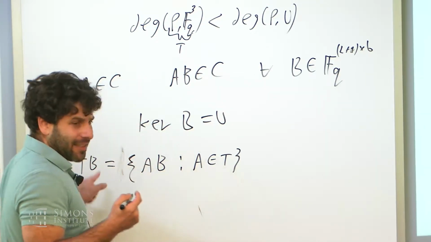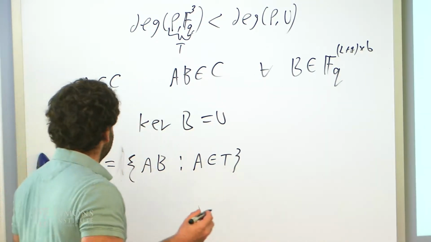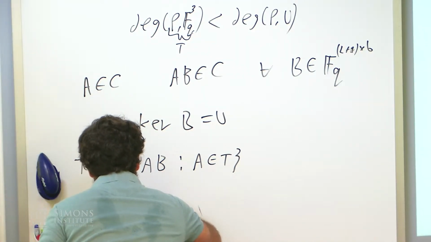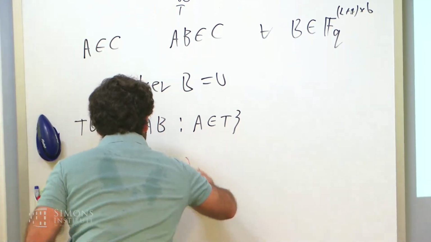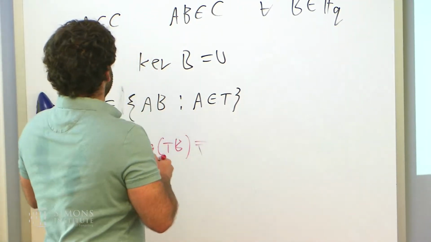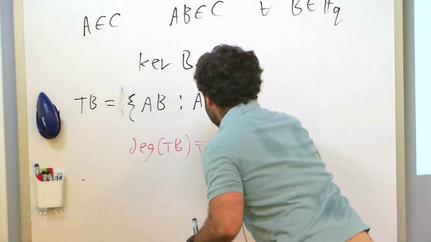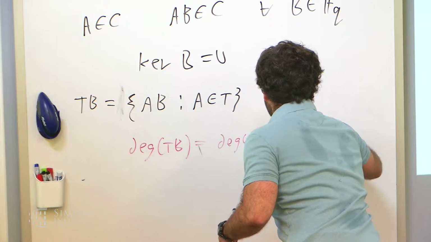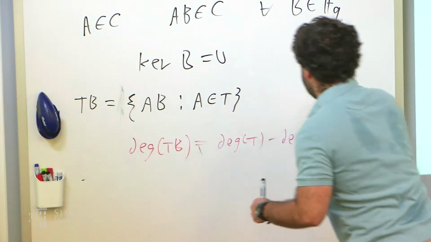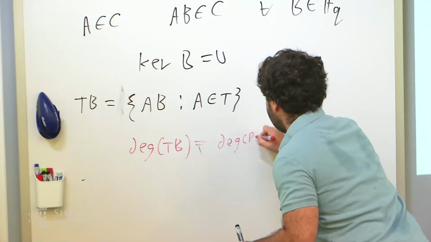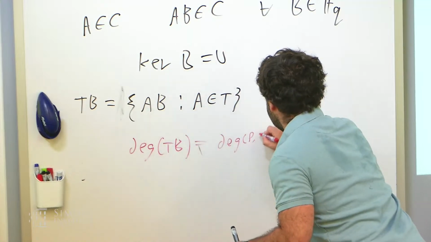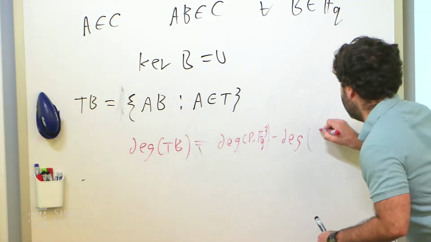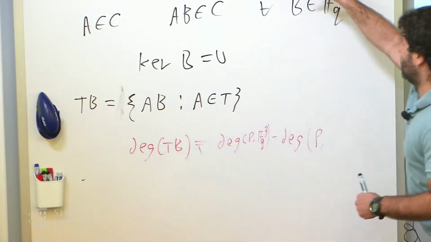And then we're going to have that the degree of TB is exactly equal to the degree of T, the degree of P over Fq to the third, minus the degree of P with the kernel of B, which is U.